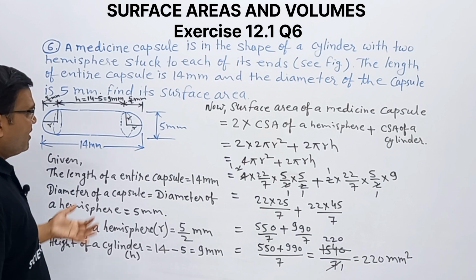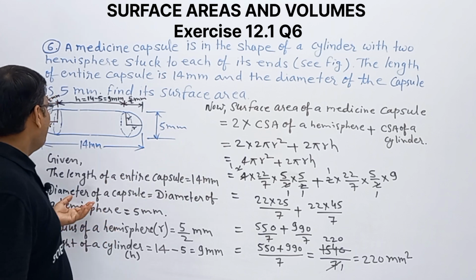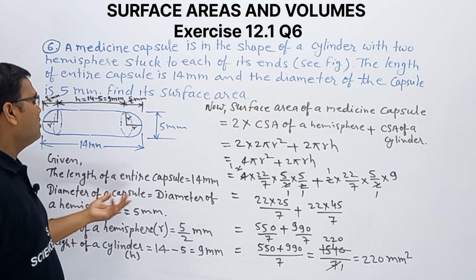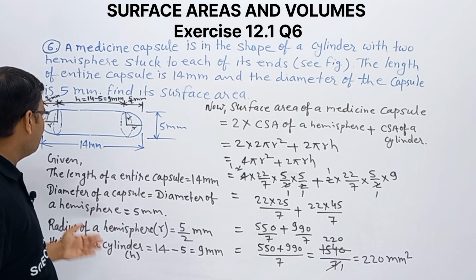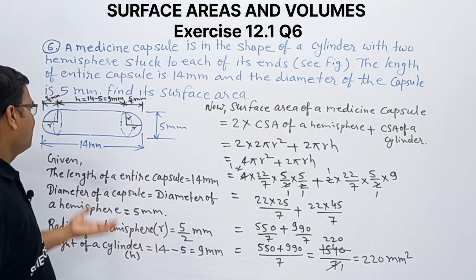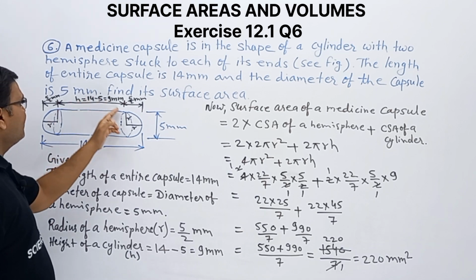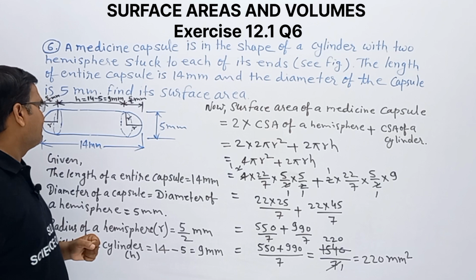So first we will write the given things. Length of an entire capsule is 14 mm and diameter of a capsule equal to diameter of a hemisphere equal to 5 mm. These things we are having in the question. So radius of a hemisphere will be half of this one, and height of a cylinder is one thing required, because for surface area we require curved surface area of a cylinder.